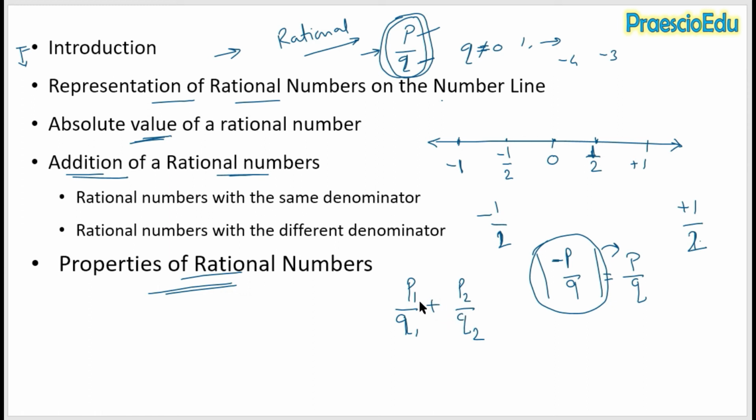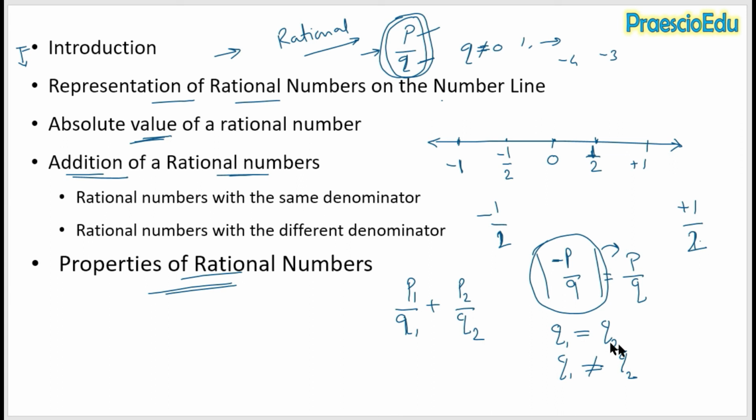I'm just writing p1 by q1 plus p2 by q2. Now in this there are two conditions: either q1 is equal to q2, or q1 is not equal to q2.